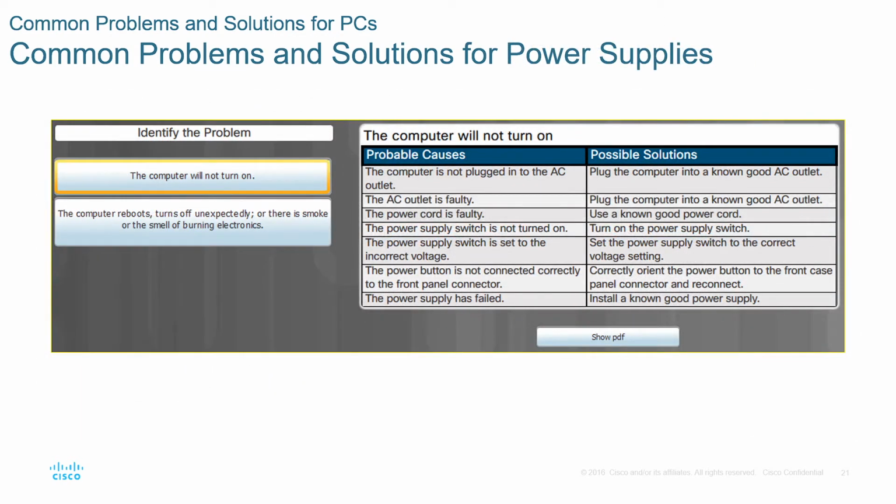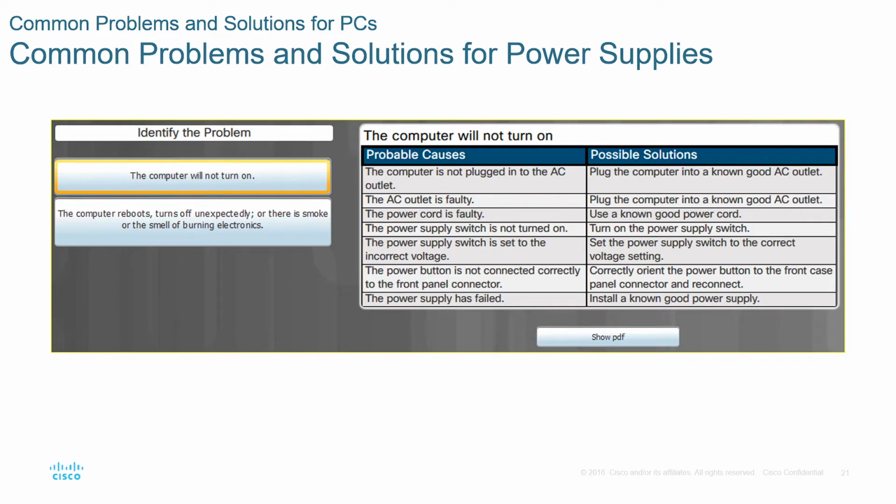Awesome. Now, how about the power supply issues that we may have? Once again, I'll talk about the first one. You are responsible for checking other issues as well, probable causes and possible solutions. The probable cause for the computer not turning on might be that the computer is not properly plugged in to the AC outlet.